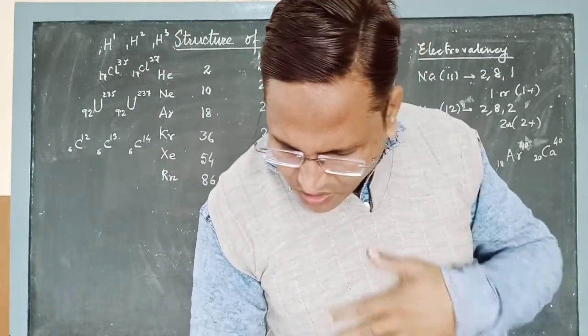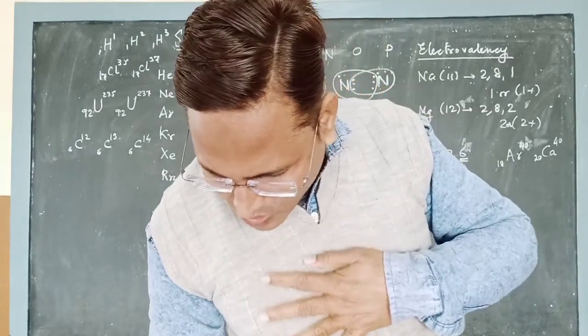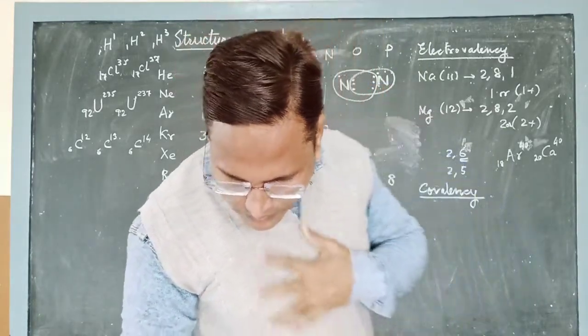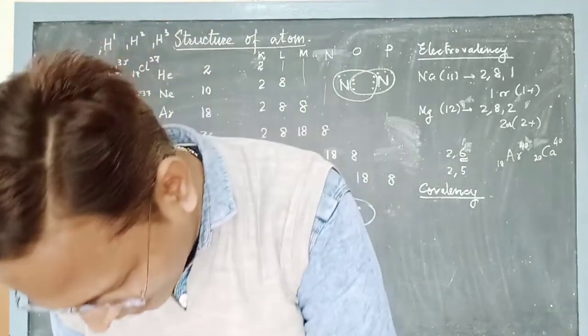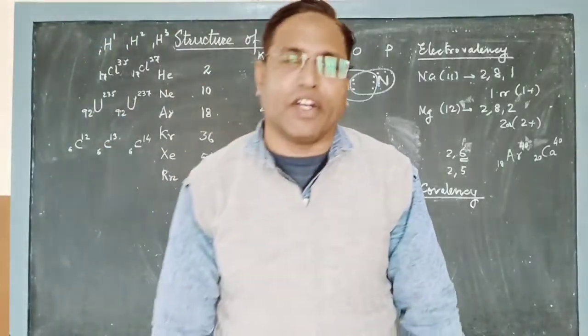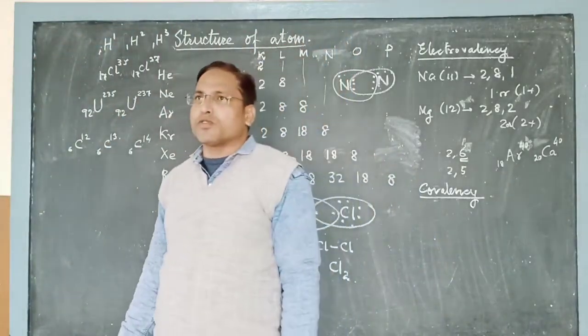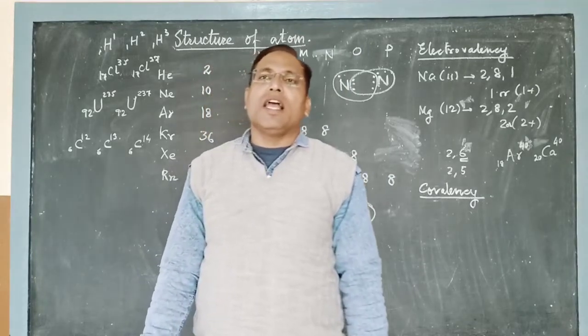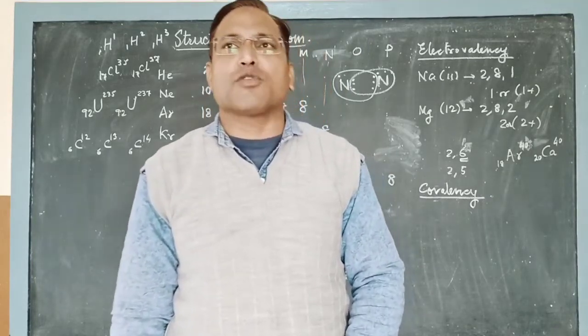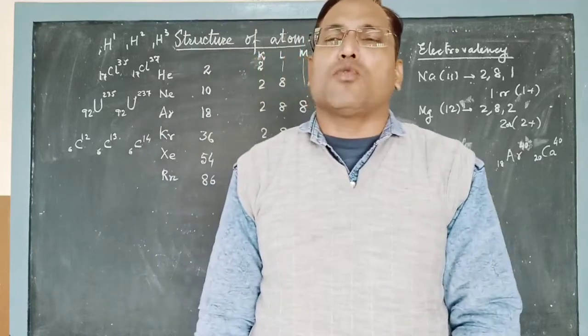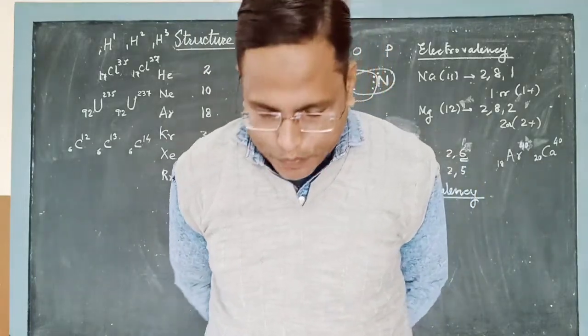Next we have radioactive isotopes. What are radioactive isotopes? The isotopes which are unstable and emit various types of radiations are known as radioactive isotopes.